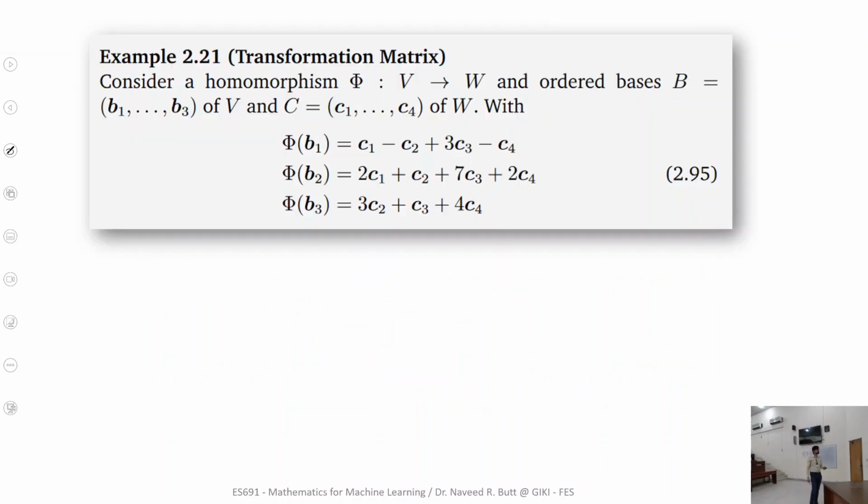Let's try it here. So if we want to go from V to W and we have ordered bases for V are these and for C are those, and somehow we know these relations, और उन्होंने हमें already वो उनका करके दे दिया. देखिए, the bases of the source input have been written in terms of basis of the destination यानी output.